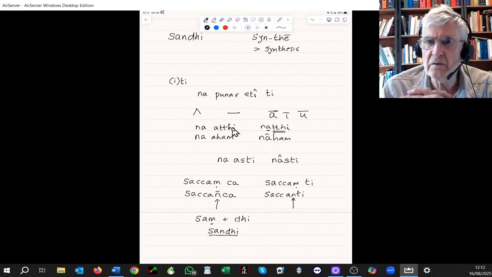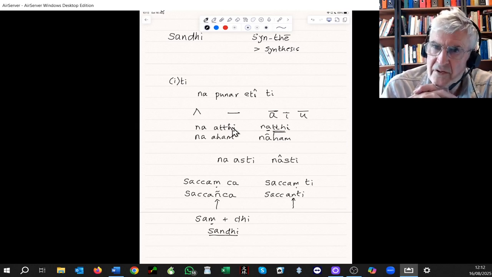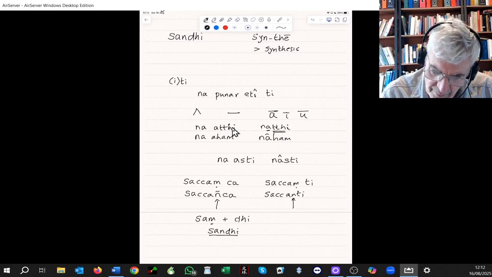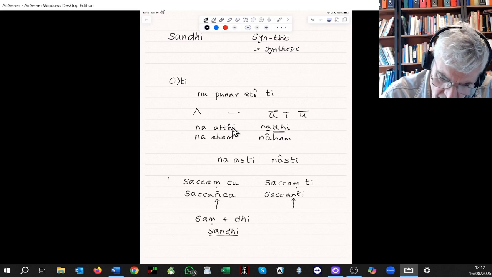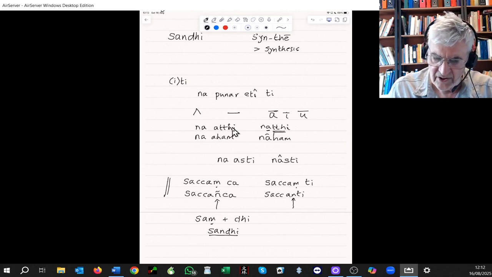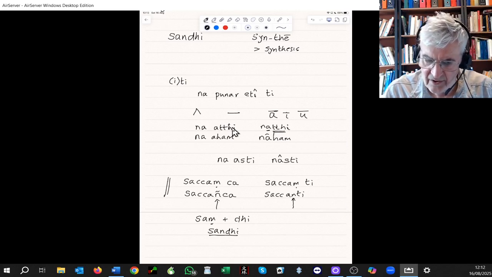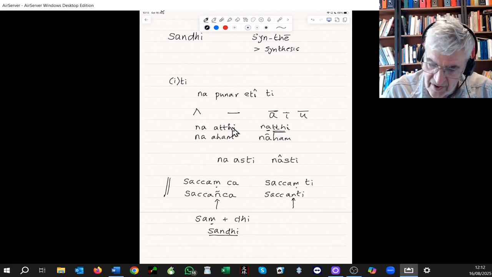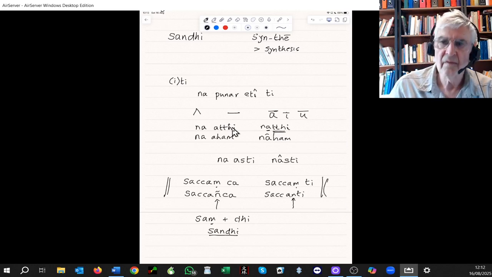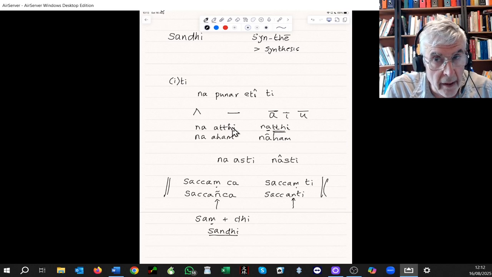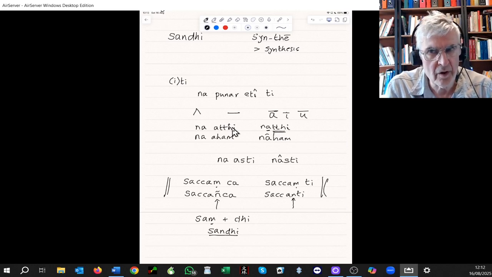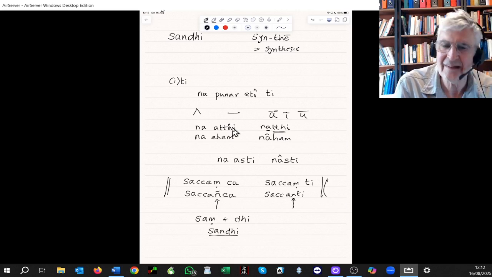In case you're puzzled, well, I said earlier you can change that subdotted m. In fact, I gave the example here. Saccanca can be written as saccanca, and saccanti can be written as saccanti. The answer is that occurs normally with short words, short and very common words that are tacked onto the end.